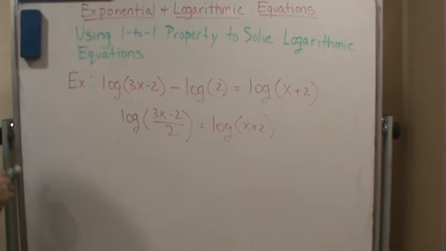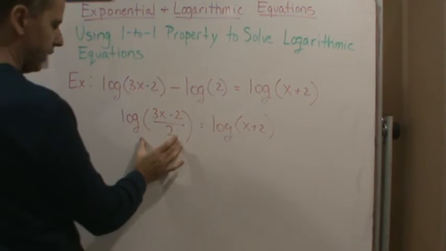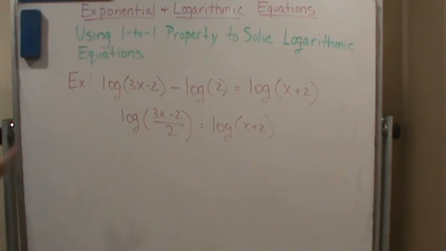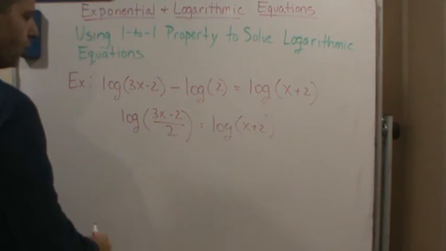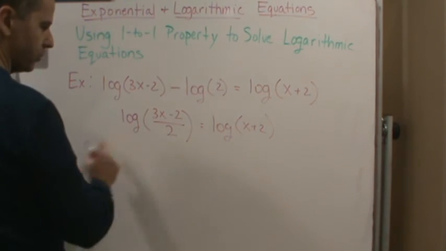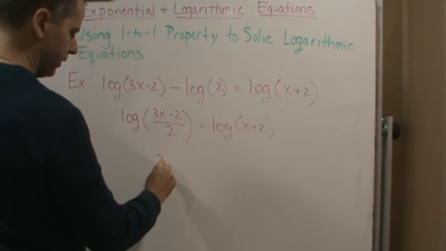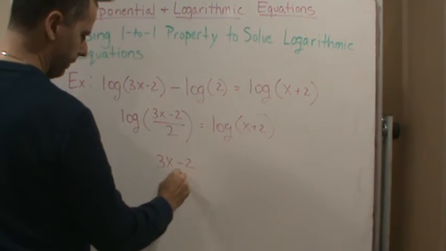Now that we have an equality of logs, a log here and a log here, we know we can use the one-to-one property because they're both common logs. Since these two logs are equal to each other, their arguments must also be equal to each other.